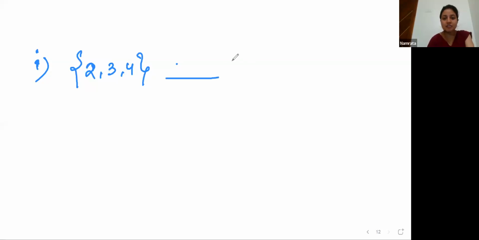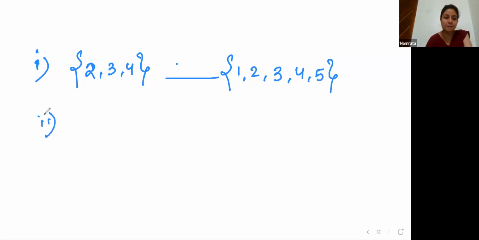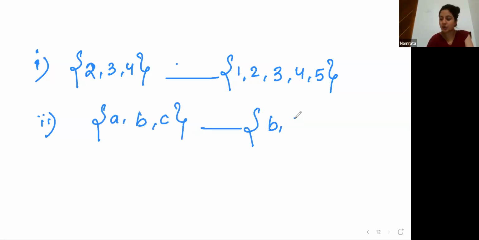Suppose we have the first example as {2, 3, 4}, and we have to fill the blank with whether it's a subset of the given set or not: {1, 2, 3, 4, 5}. Next one: {a, b, c}, whether it's a subset of the given set, yes or no. We have to just give the symbol over here.